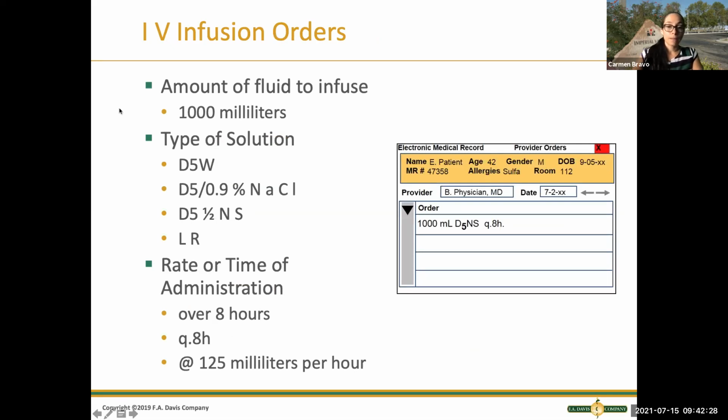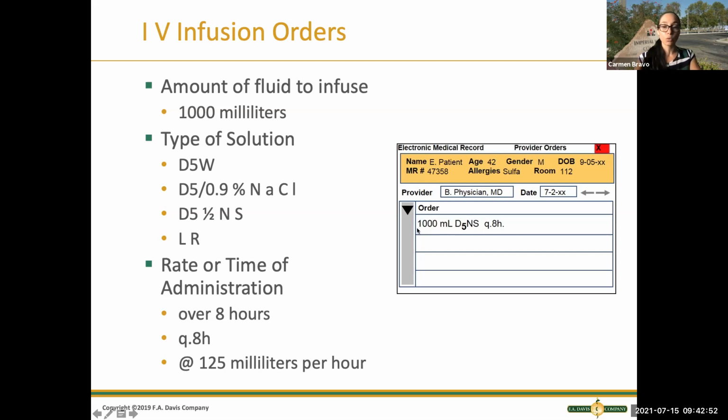So if I get an order, again, you have the medical record here giving you a sample of an order, and it says 1,000 mLs of D5 normal saline. That's dextrose sugar with normal saline, a little bit of isotonic solution, which is salty water.